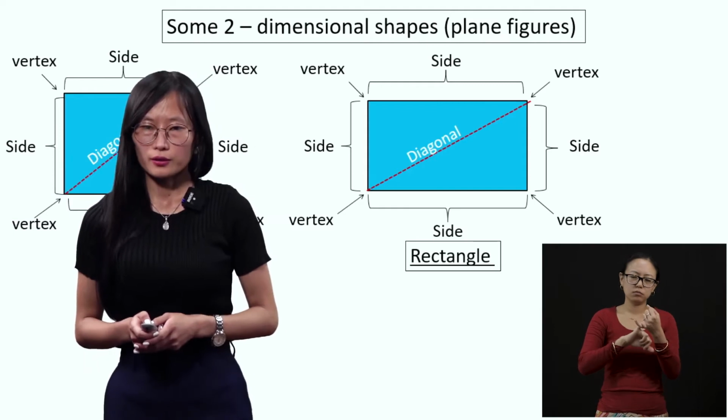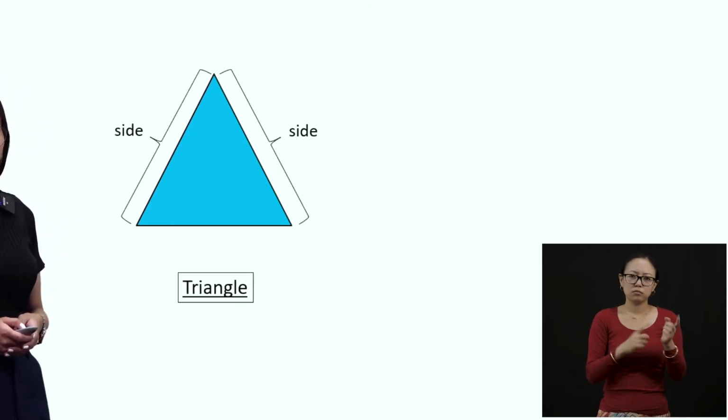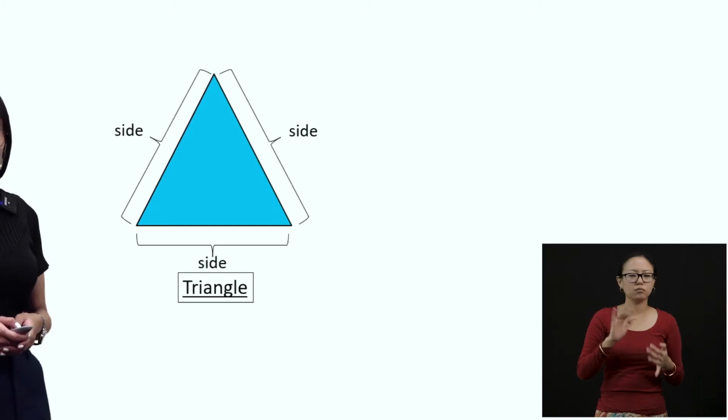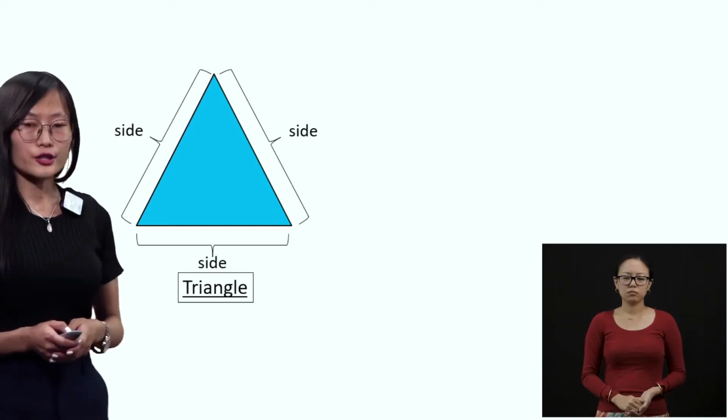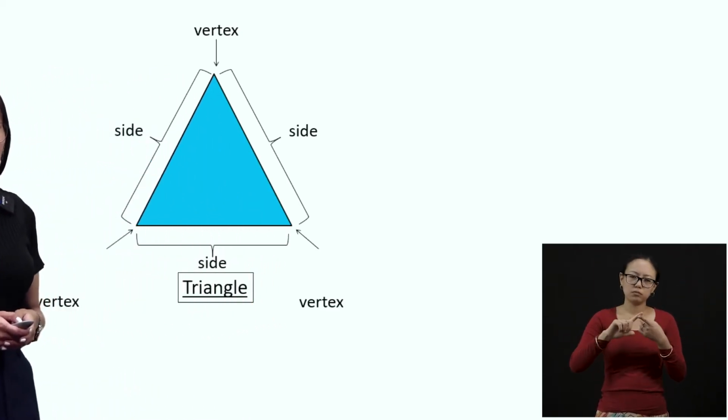Now we will talk about the triangle. This is your triangle. We have three sides and three vertices. This is your side, another side, and another side. Altogether, we have three sides, and again we have a vertex, another vertex, and another vertex.